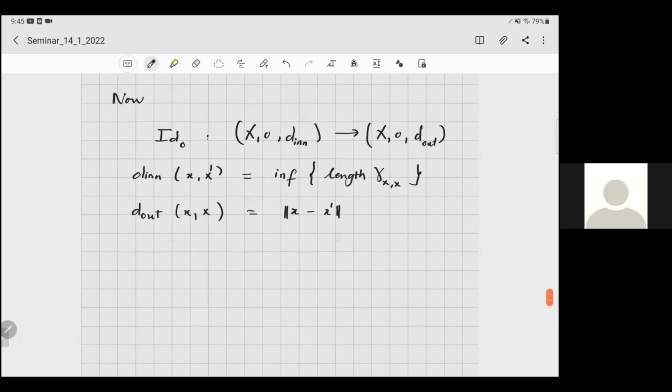So if the identity from x with the inner metric to x with the outer metric is bi-Lipschitz, then we call x Lipschitz normally embedded.